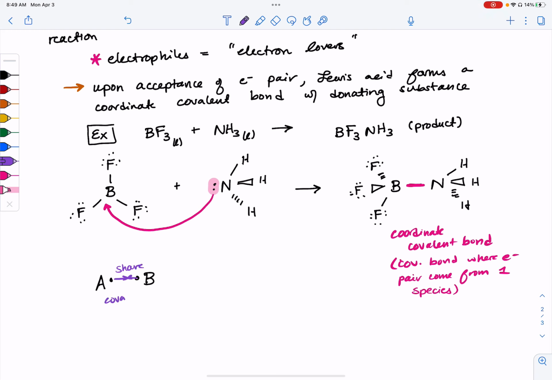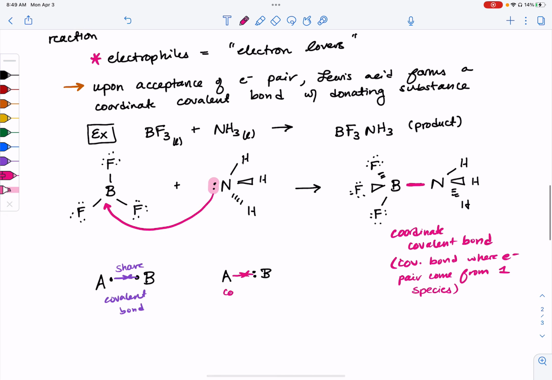This would be a normal covalent bond. However, a coordinate covalent bond is if we had element A with nothing, and then element B with two lone pairs, then A and B are still going to share. It's just B is the one that's wealthy in electrons. So these shared electrons come all from B, making a coordinate covalent bond.